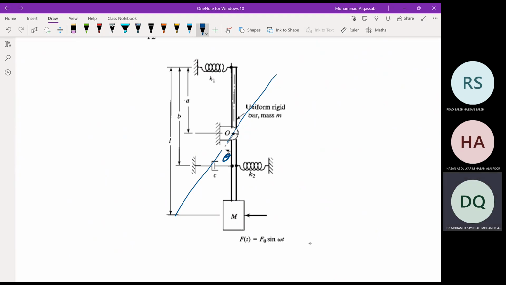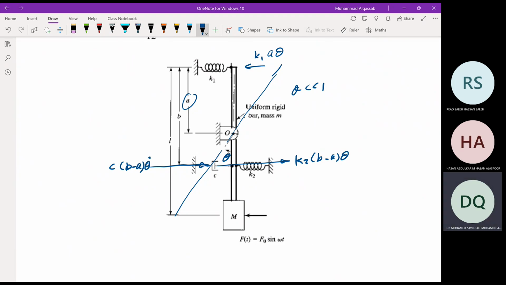In the free body diagram, we will have a force here equal to K1 times A times theta for small theta, that is theta much less than 1, so sine theta is taken as theta. There is a spring force in this direction, K2 times, measured from the pivot, B minus A times theta, and also a damper force equal to C times B minus A theta dot.